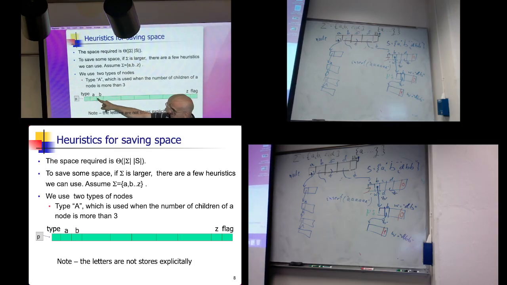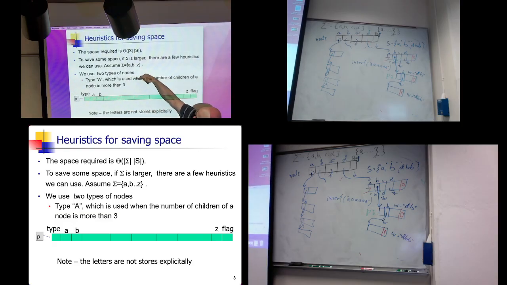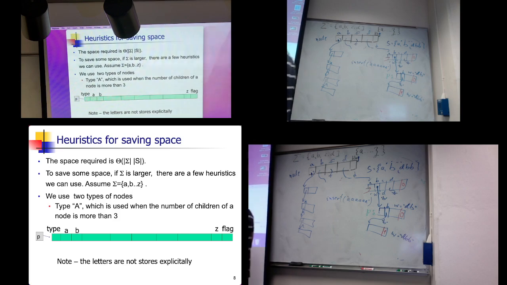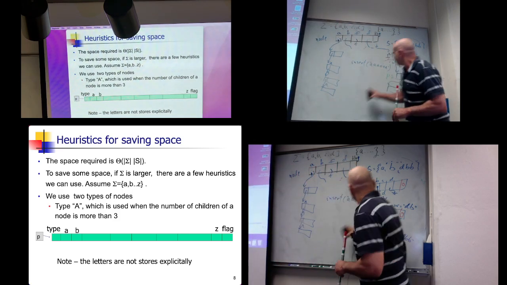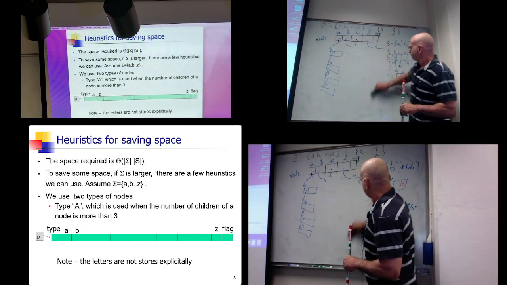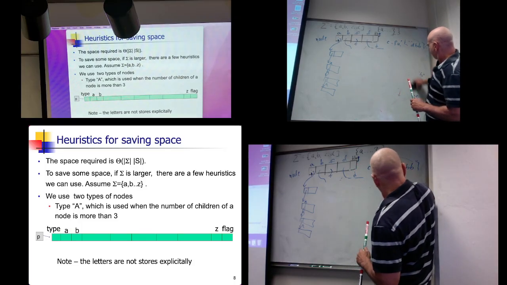But in this case, I lose the locus of knowing from the location of the cell to which letter it corresponds. So I need to store what is the letter that it corresponds to. I think that one example will simplify it.